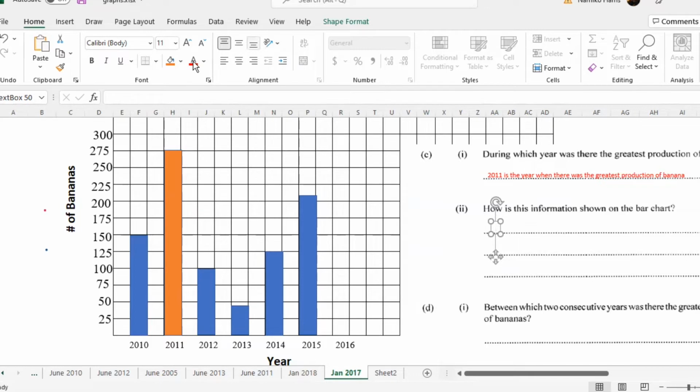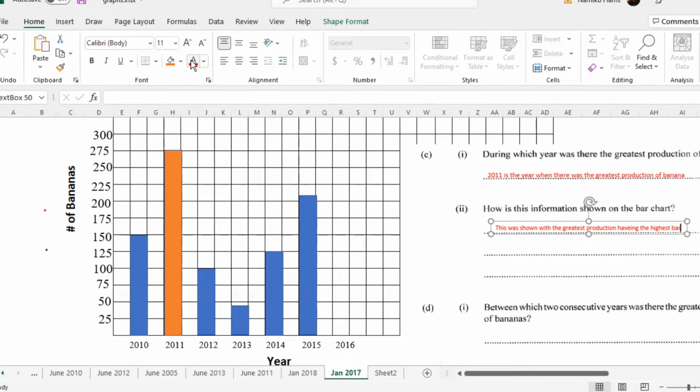All you need to say is, this was shown with the greatest production having the highest bar or the highest height, any one that you choose.